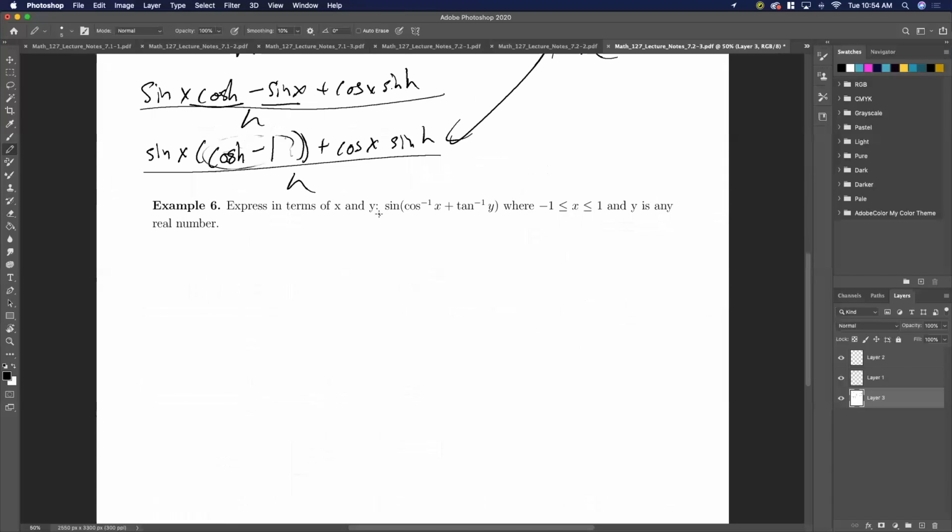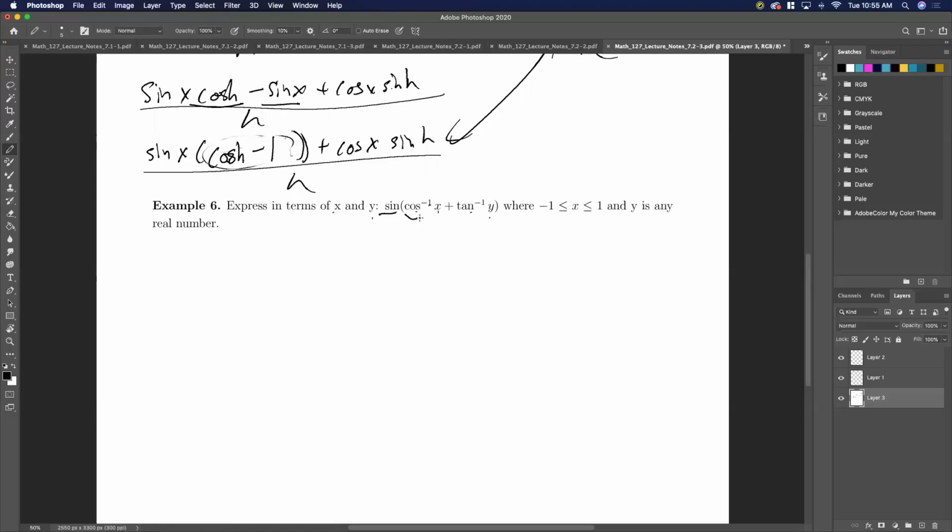So here I want to express this in terms of x and y, and only in terms of x and y. That means no sines, no cosines, just x and y. And here I have the sine of the inverse cosine of x plus the inverse sine of y. And I'm like, okay, so how am I going to do that?